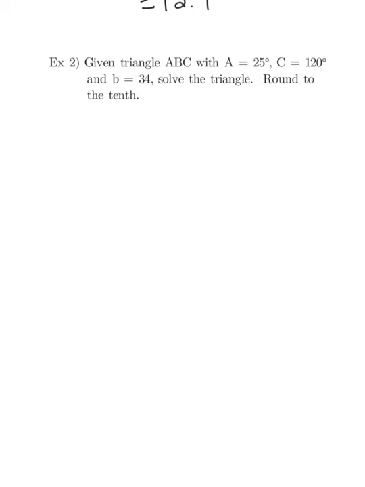That's the first thing that we must do because we need the pair of side and angle that go together. So to find angle B, we take 180 minus 25 minus 120, and we get an angle B of 35 degrees.